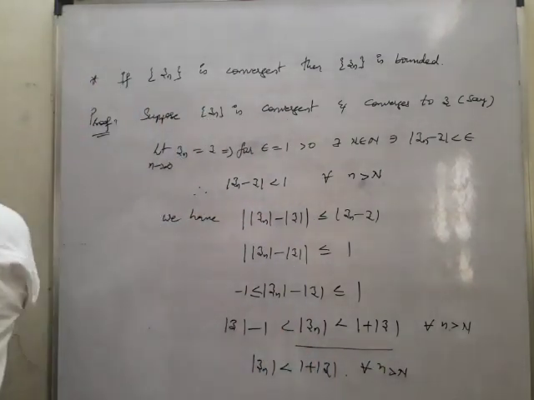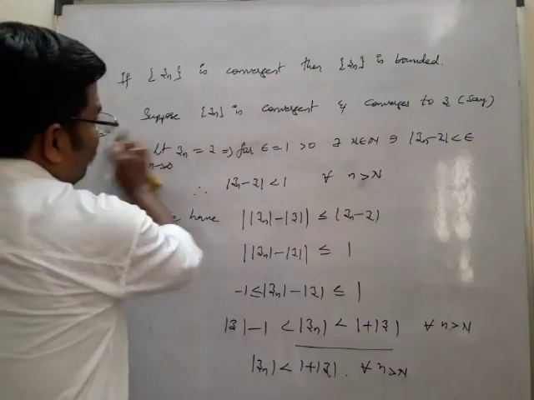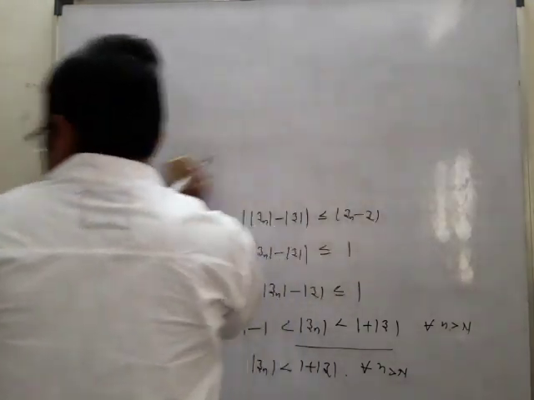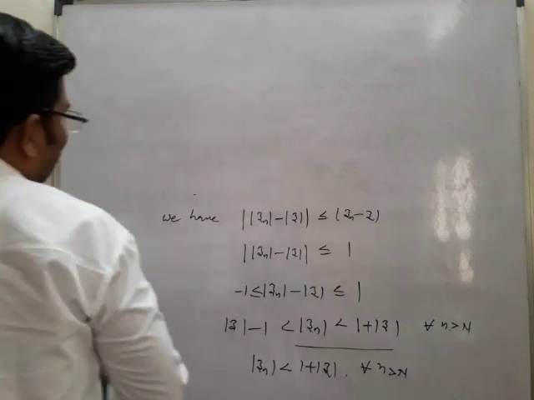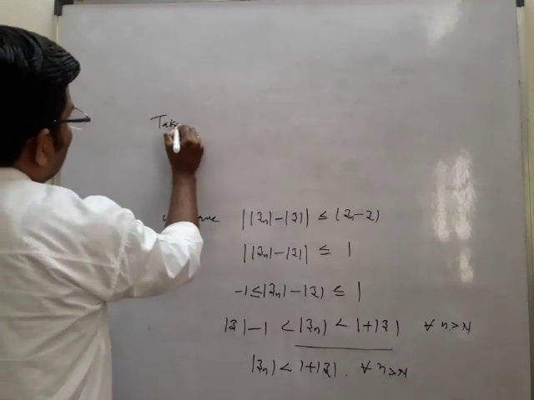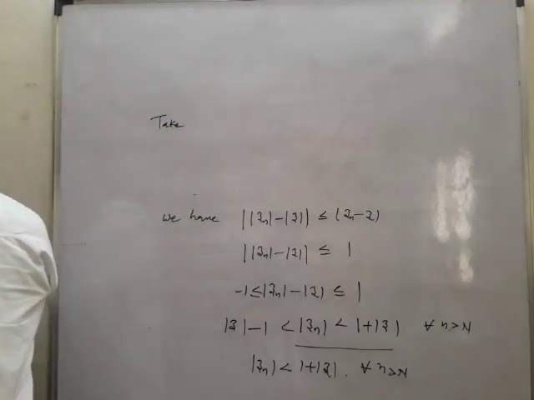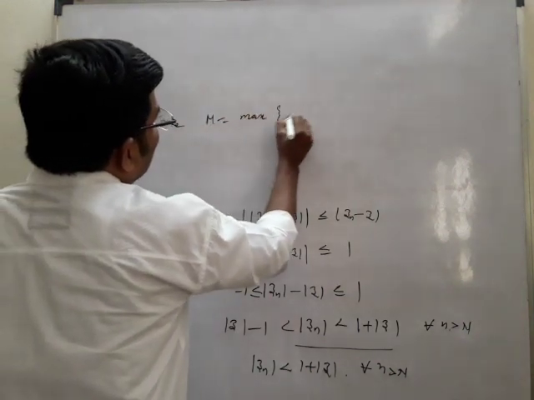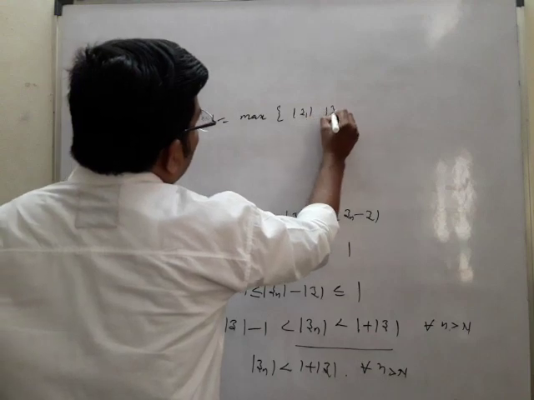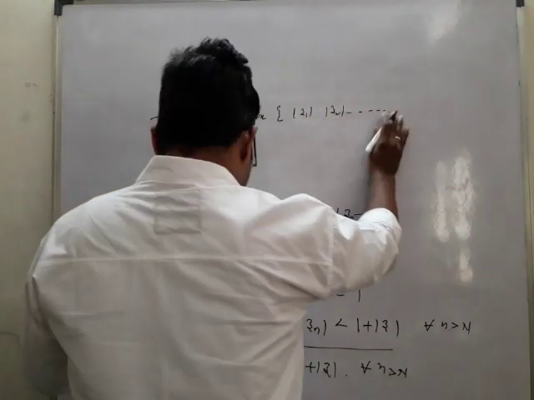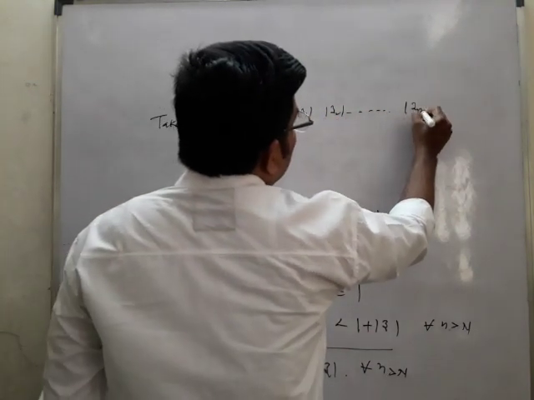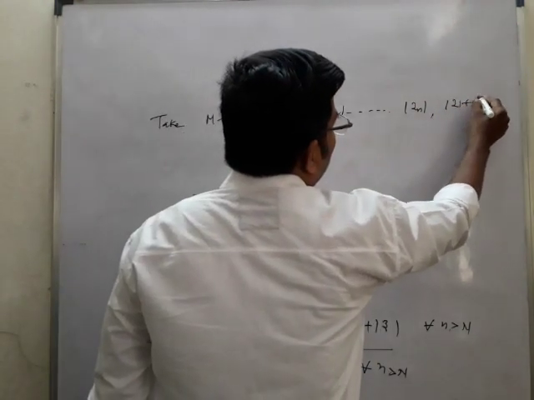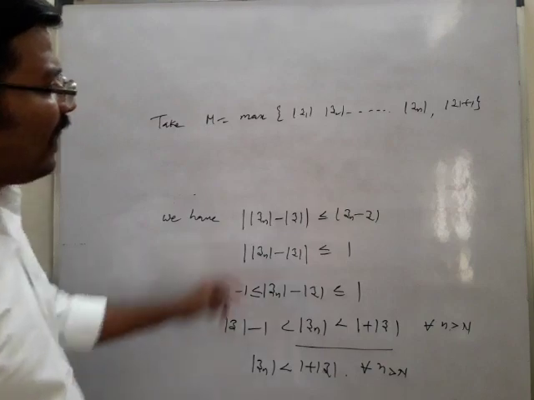Therefore we will write one value, that is M. Let us take M such that M is the maximum of mod Z1, mod Z2 and so on, mod ZN, and mod Z plus 1. These are all the values which we have.